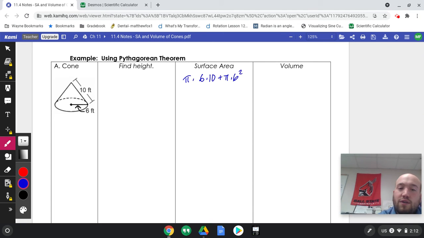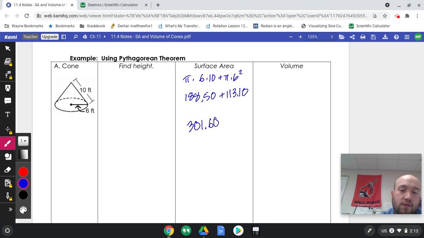So that's fine. 188.50 plus 113.10, we add those together, 301.60 feet squared. However, to find our volume, we have to do 1/3 times pi times 6 squared times whatever the height is.